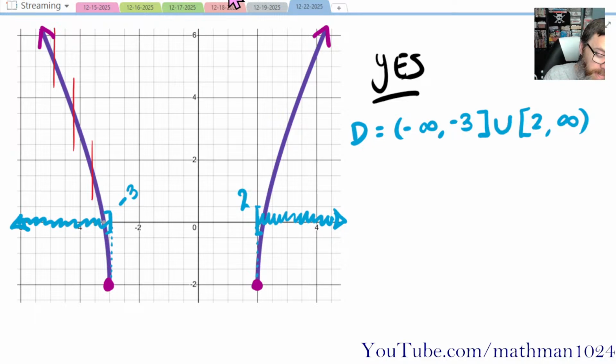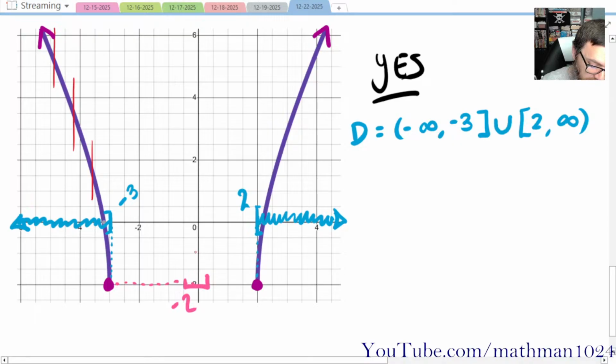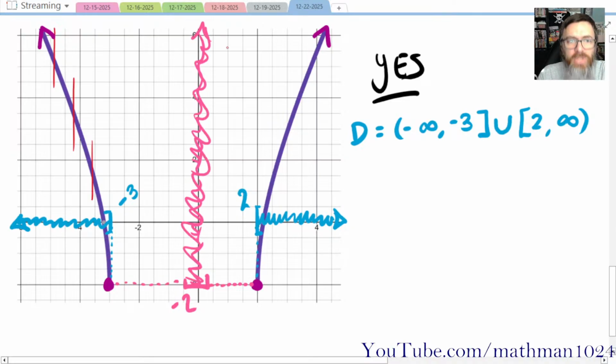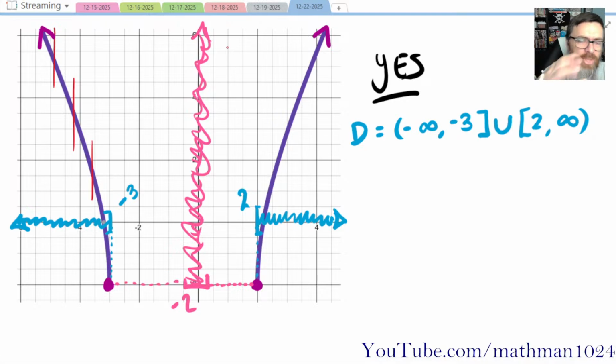Now for the range, if you were to look at what's here on the left, and if you were to map this over here to the y-axis, this guy is coming from -2, and you see that he goes all the way up to infinity without stopping. And if you look at the right part, he also starts down here at -2 and goes all the way up. So even though these pieces are disconnected, there is that overlap that you see there with the range.